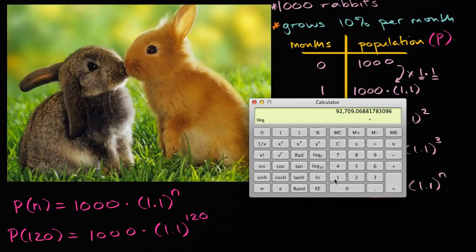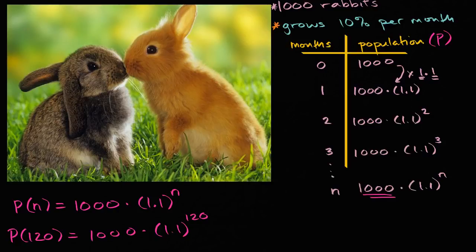So times 1,000, is going to be equal to roughly 93 million rabbits. Let me write that down. So we started with 1,000, and we're going to have approximately 93 million rabbits. And so we grew by a factor of 93,000 over 10 years.